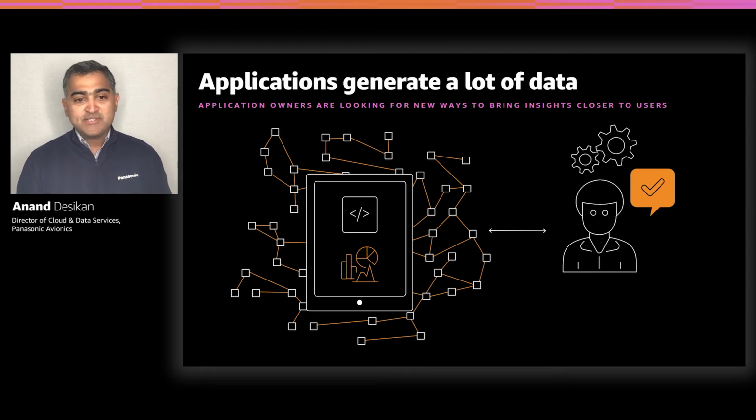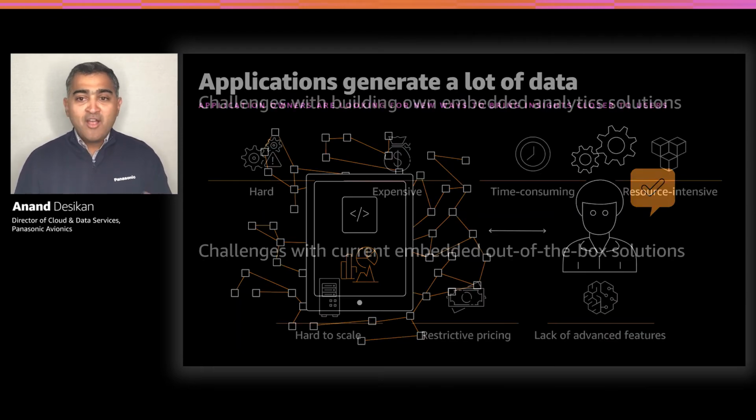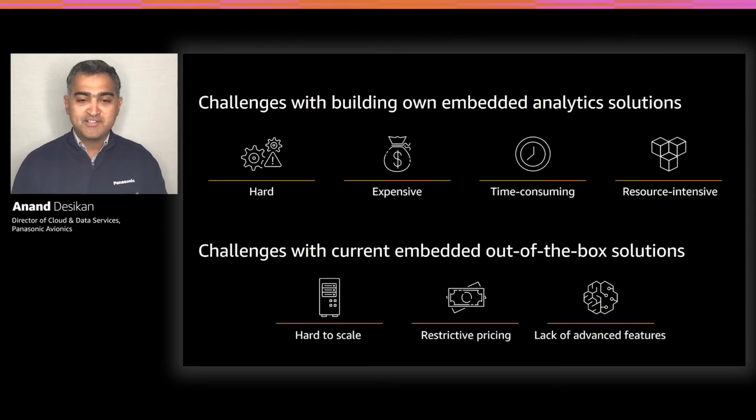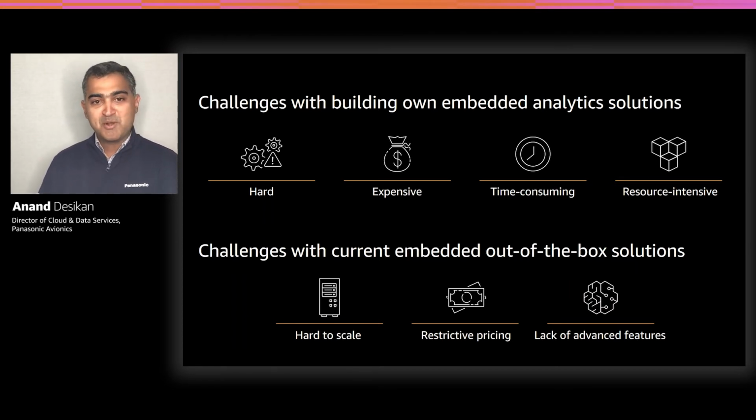So all that data was getting very hard to decipher and provide insightful product intelligence, as well as identifying opportunities. A lot of our old challenges was building on either open source solutions or off the shelf solutions. It was hard, expensive, time consuming, as well as resource intensive, where we were throwing a lot of people at the problem.